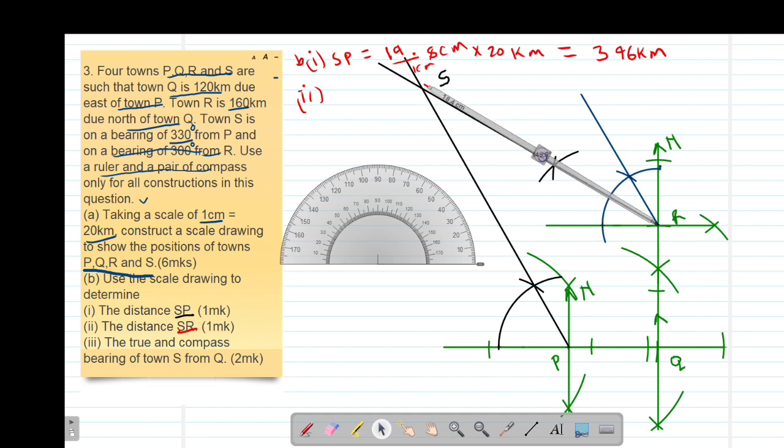Yeah, for my case, I'm getting 18.4. So the distance SR, I'm getting 18.4 centimeters.